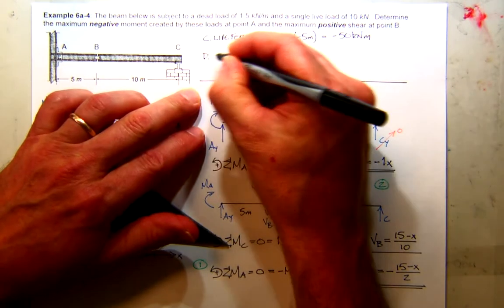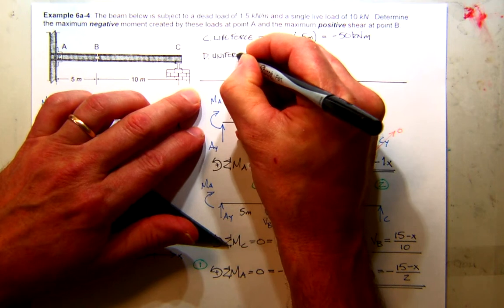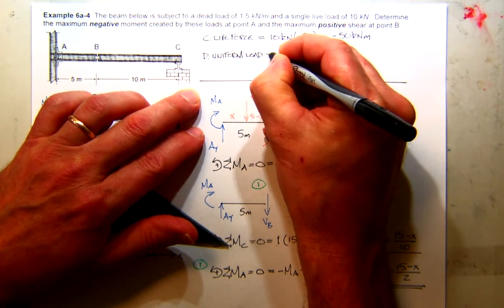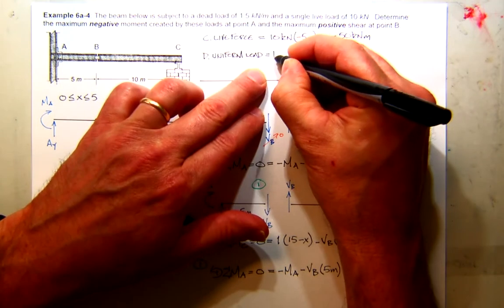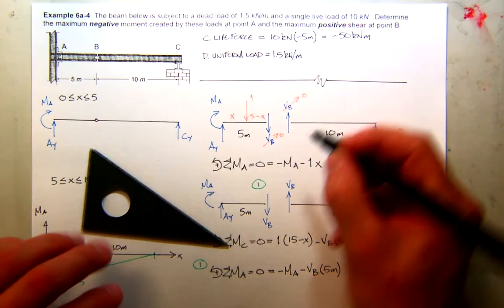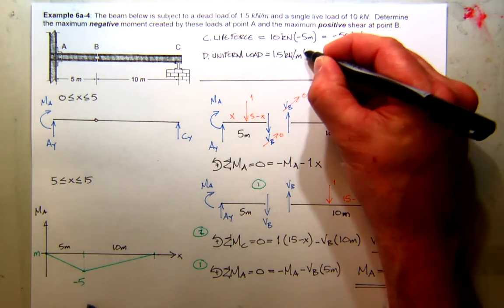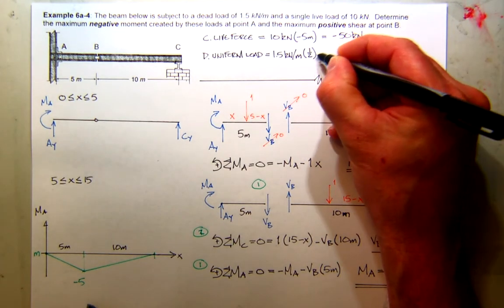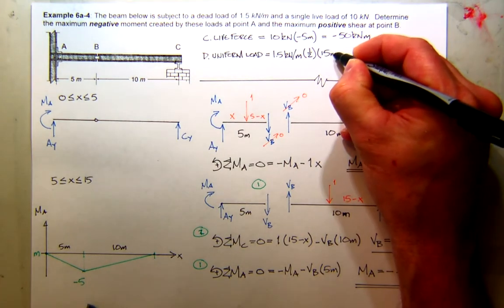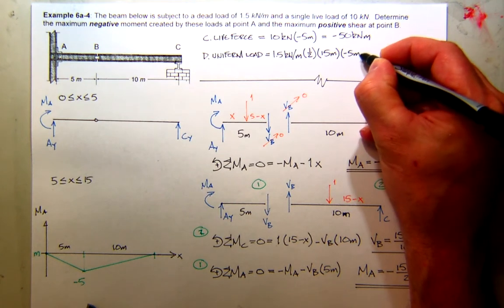So the dead uniform load is equal to the intensity, 1.5 kilonewtons per meter, times the area of this curve. It's a triangle. The area of a triangle is 1/2 the base. The base is 15 meters. And what's the height? Minus 5 meters.